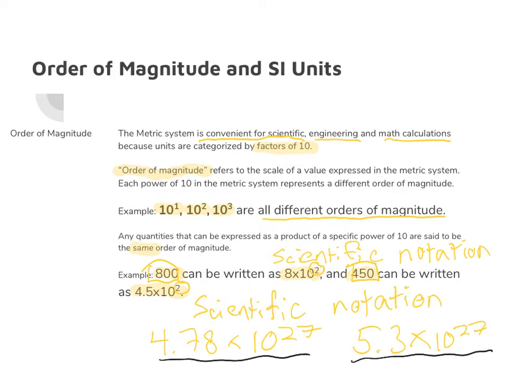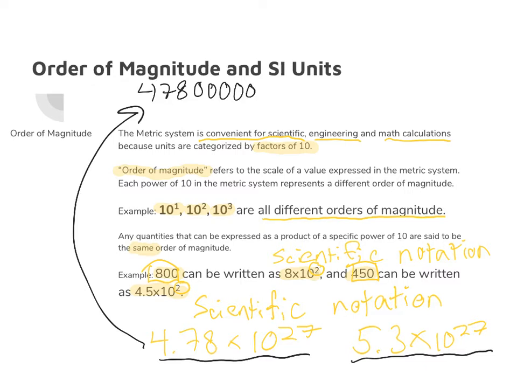But if we were to write these out, I'm just going to have to move up here for some real estate, I would be writing out 4, 7, 8, and then a long string of zeros.